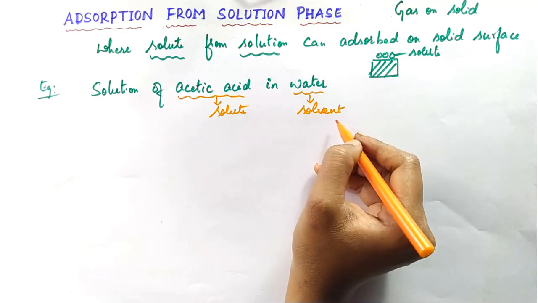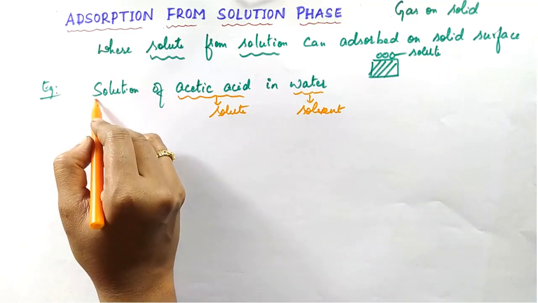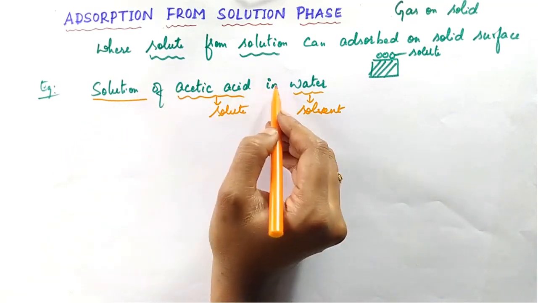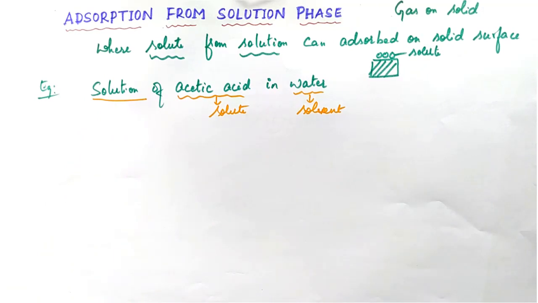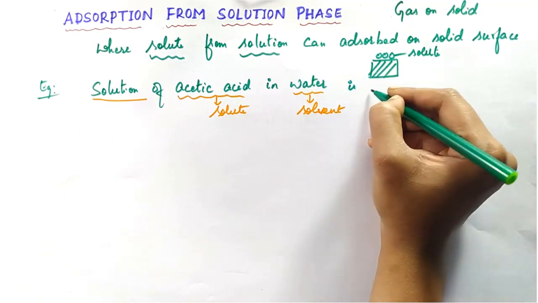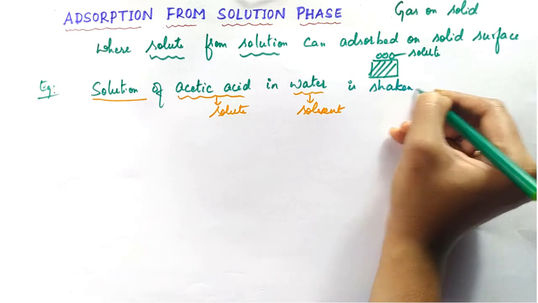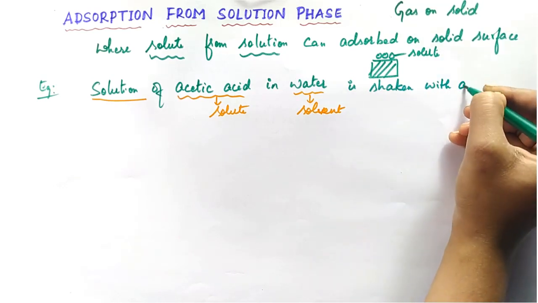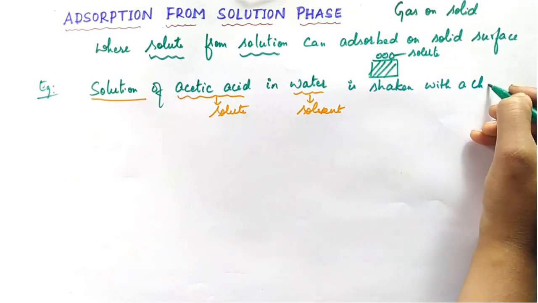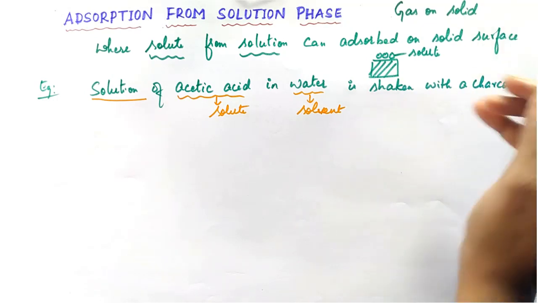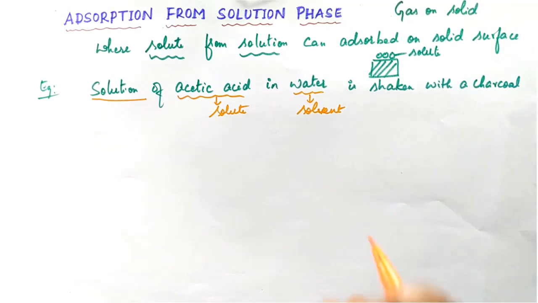By combining solute and solvent, we get a solution. So, a solution of acetic acid in water is shaken with charcoal. What happens to the solution?